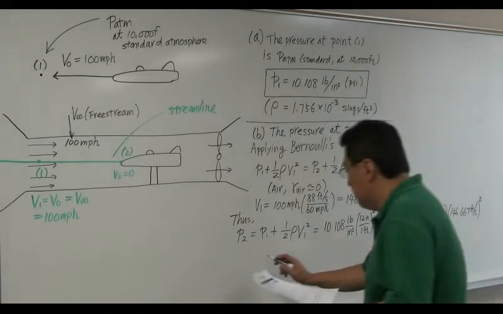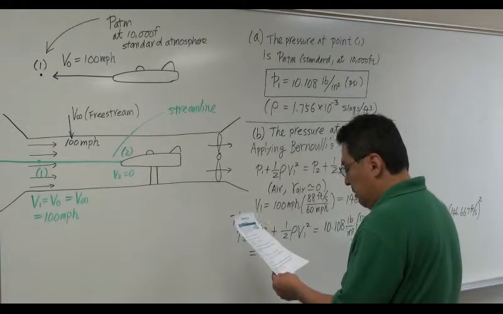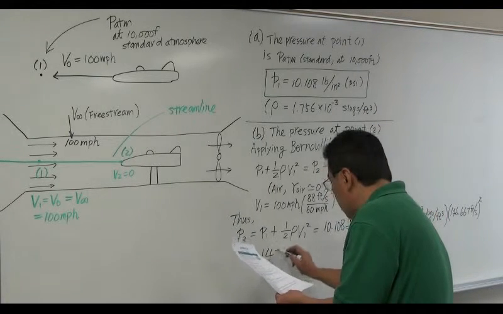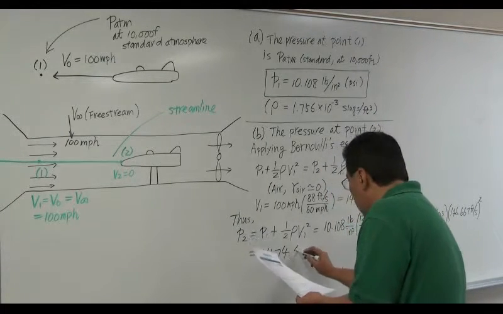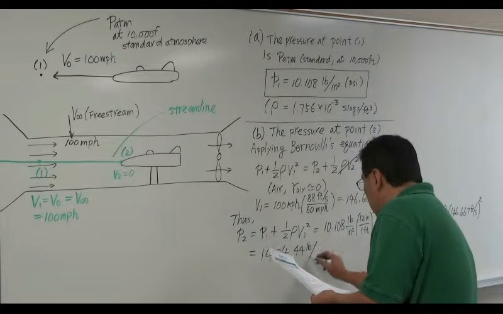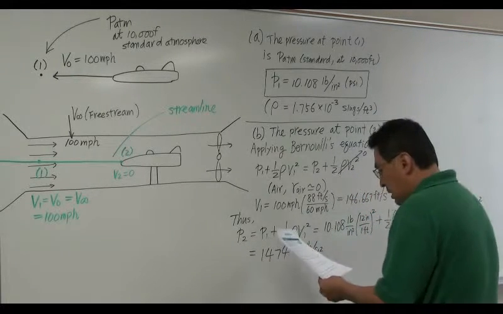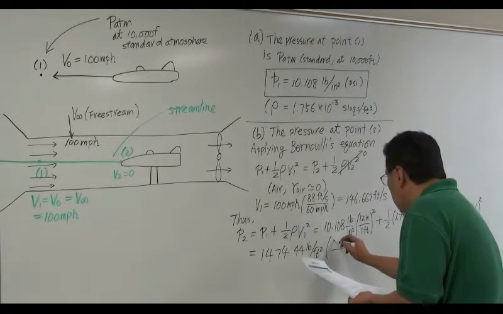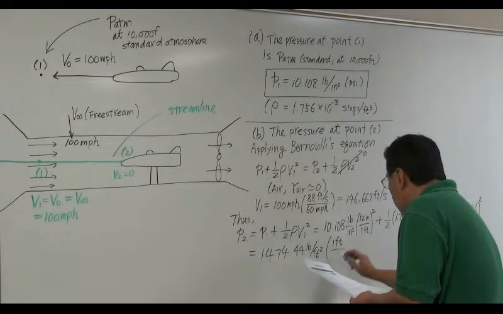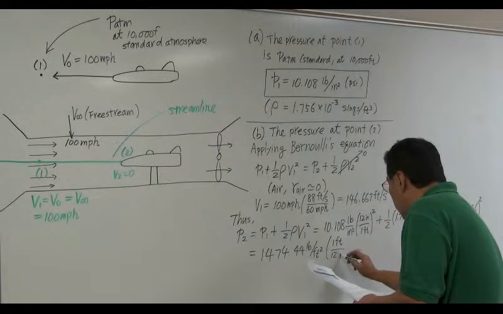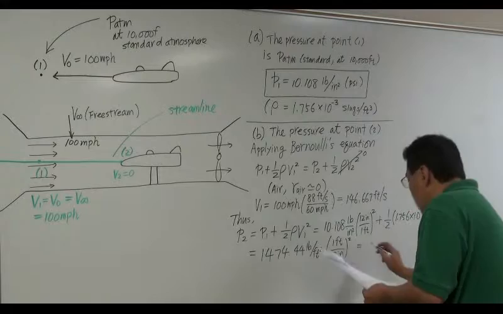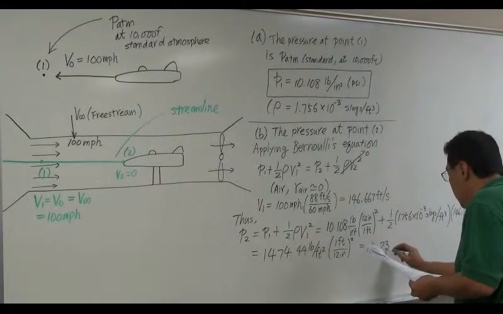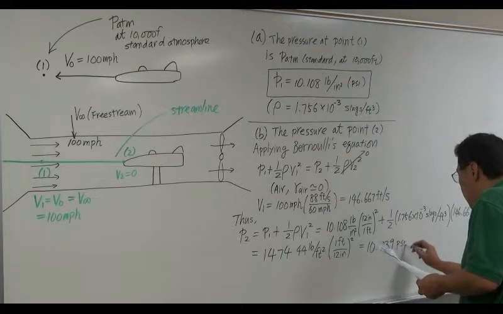This is going to get you the pressure P2. P2 is 1,474.44 pounds per square foot. If you convert it to psi by dividing by 144, this is going to be 10.239 psi.